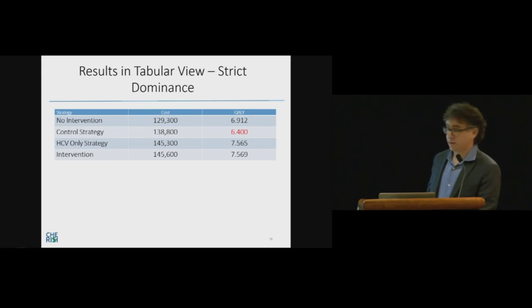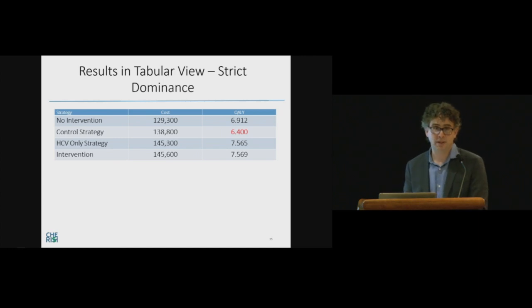And notice this red number here, right? This is a strategy that costs $138,800 for 6.4 QALYs of average life expectancy, compared to here where it's $129,300 for 6.912 QALYs. So this is a strategy that literally costs more money and provides less benefit. That's an absolutely dominated or strictly dominated strategy, and we don't want to do that.